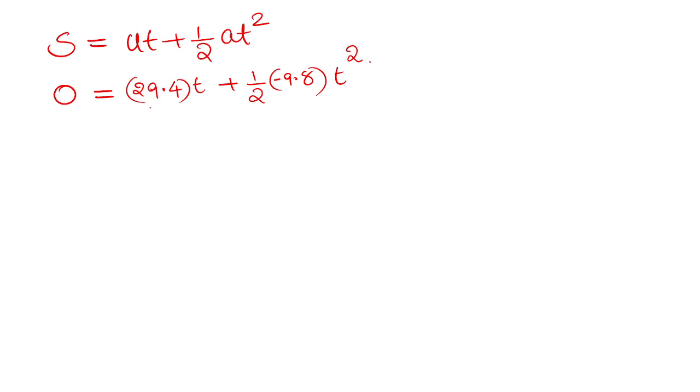You can do one thing: 29.4 T. Don't leave, all of you please listen. This 9.8 by 2 will be 4.9. Left side is 0.